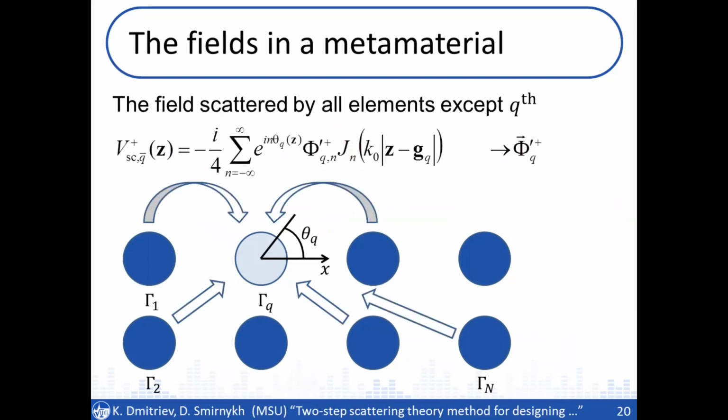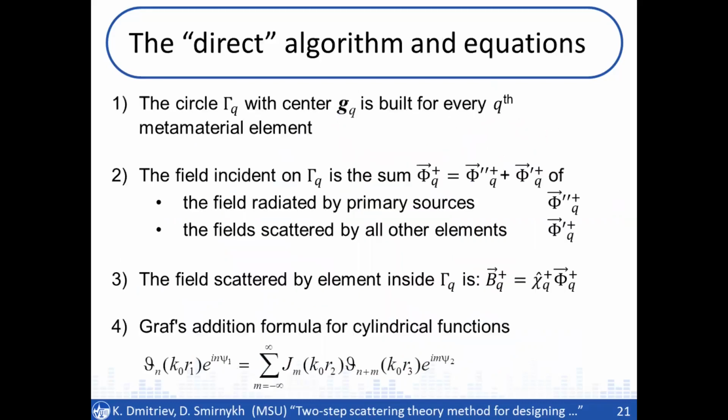The difference now is that we must take into account all the fields scattered by other elements. The sum of these fields can also be expressed as a series of Bessel functions, as the sources lie outside the circle gamma q. And here we introduce the vector phi prime of expansion coefficients.